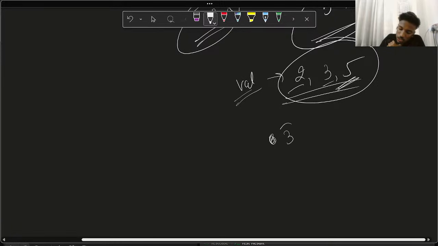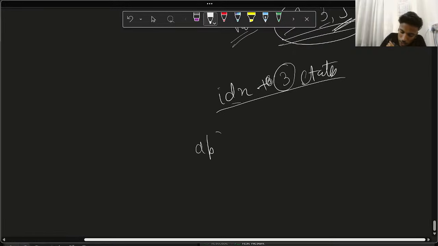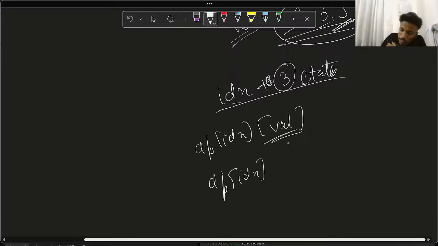So, apart from index, we get three states: power of 2, 3, and 5. So this time we get dp of index, and val gets expanded. Val gets expanded to what? It gets expanded to power of 2, power of 3, and power of 5.